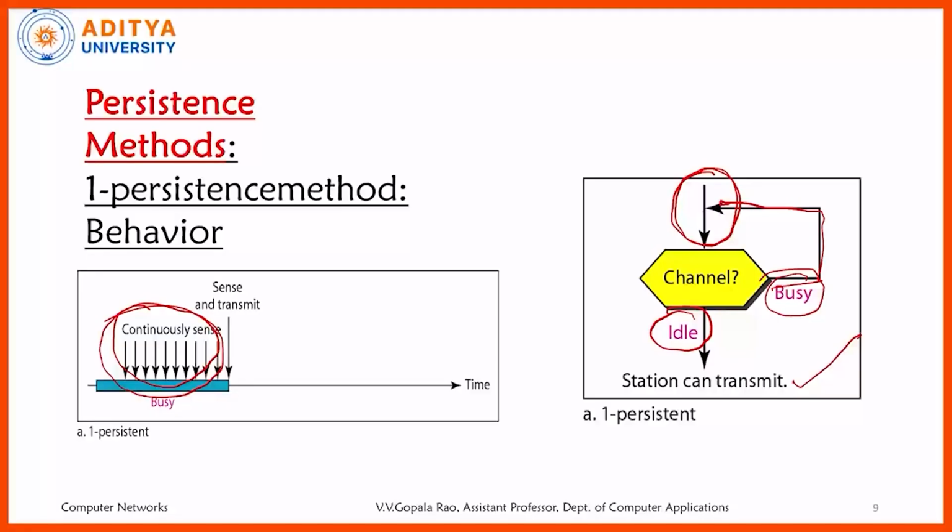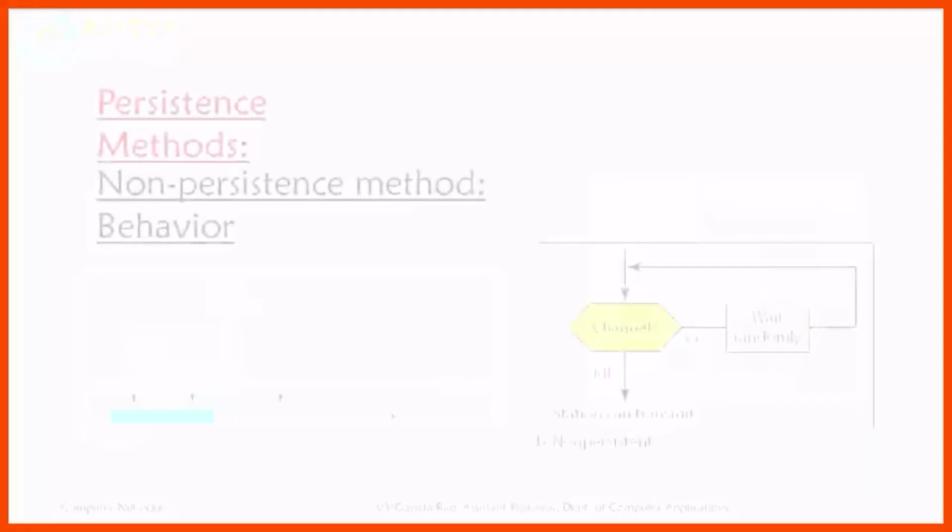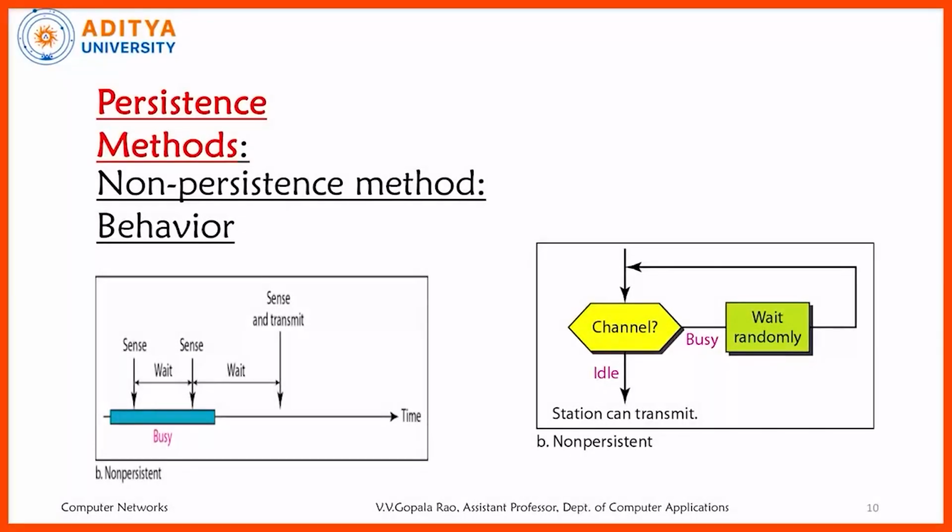So how can you improve the efficiency of the channel? You can go for one more method, called the non-persistence method. If you see the flow chart, it will be very clear. It is a slight modification of the one persistence method.